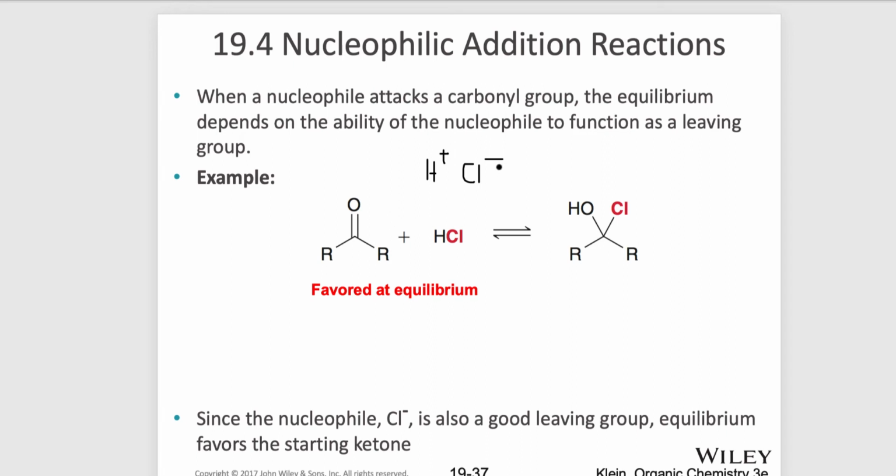Cl minus, chlorine in main group number 7, likes to attract more electrons. It can act as a nucleophile, as we have seen in many substitution reactions in Orgo-1. And basically, it's a net addition of a hydrogen and a chlorine.